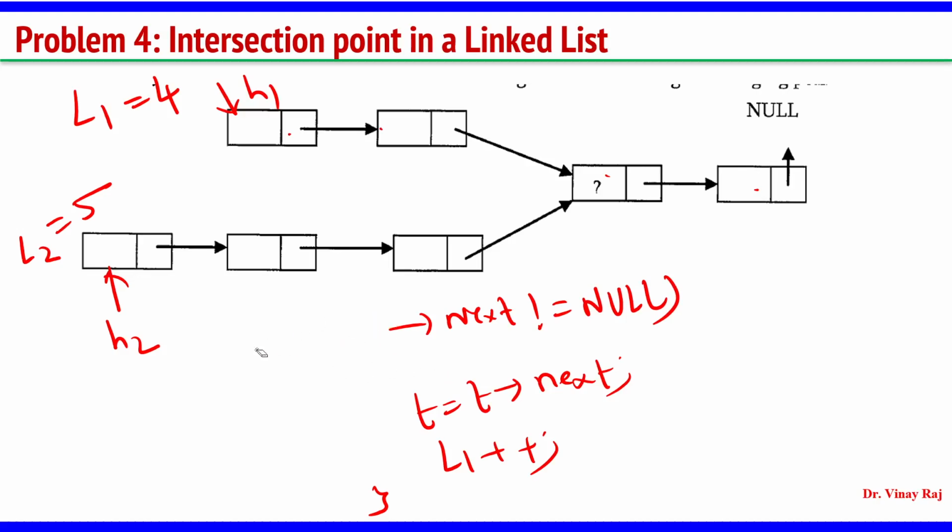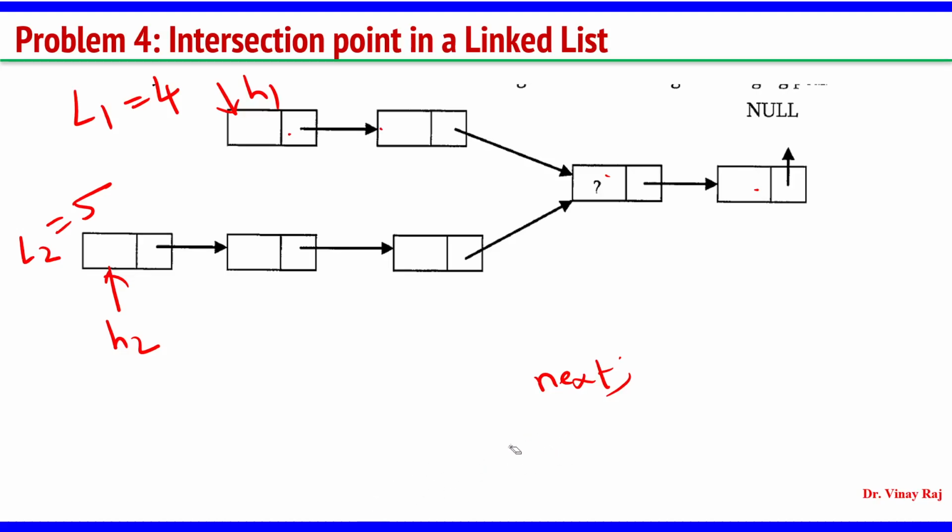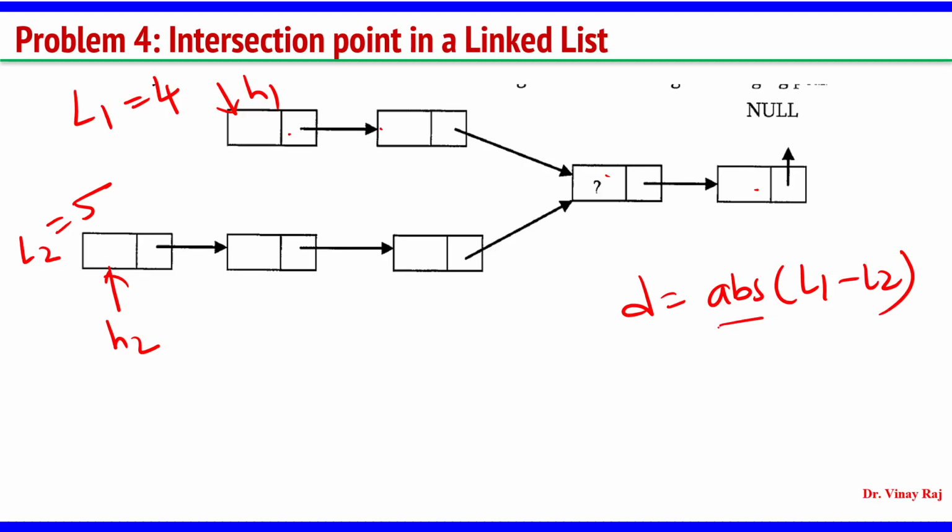Now, after finding out the length of both lists L1, L2, you have to find out the difference. So, difference D equals ABS of L1 minus L2. Why the ABS function here? We do not want the negative difference, 4 minus 5 or 5 minus 4, it should tell me 1 as the answer. So for that reason, the difference will be 1.